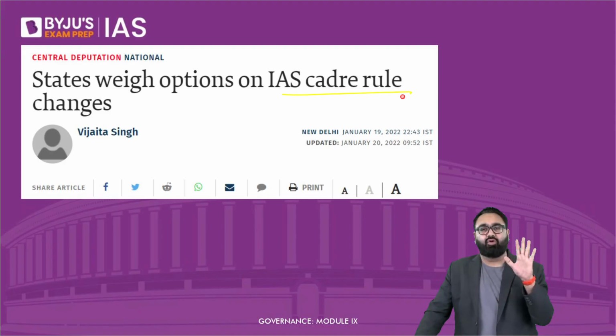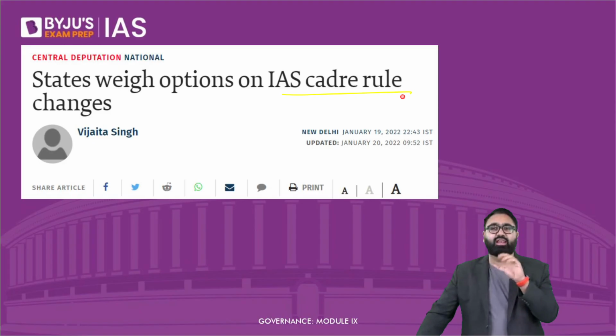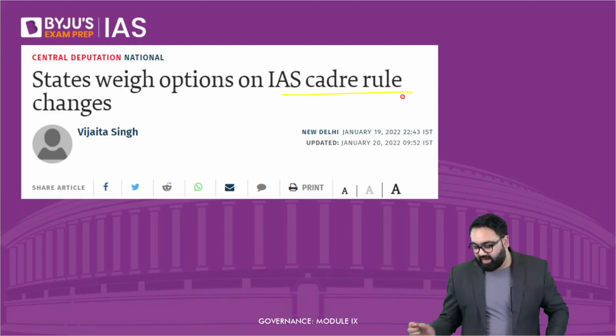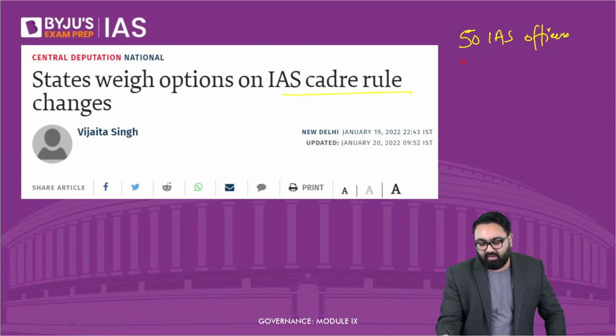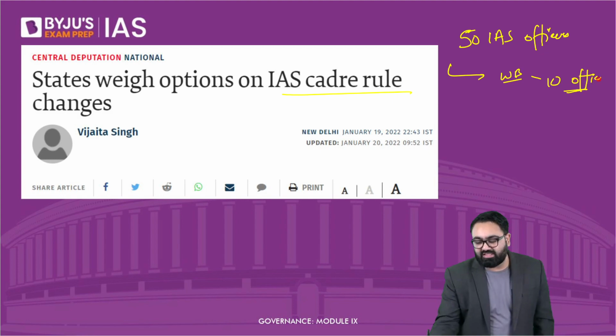So usually, let us assume the central government requires 50 IAS officers, okay? So central government will ask some states, let's say West Bengal, can you please send 10 officers? So usually what is the rule?